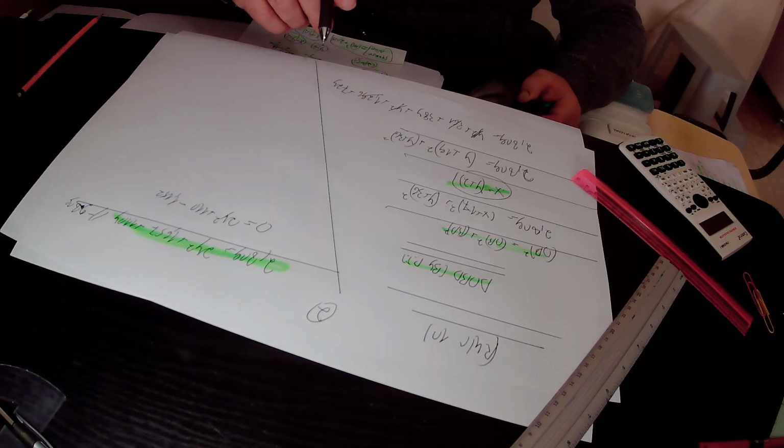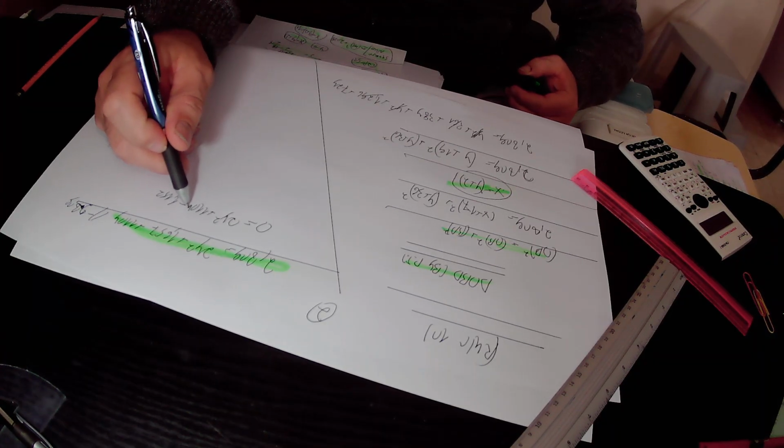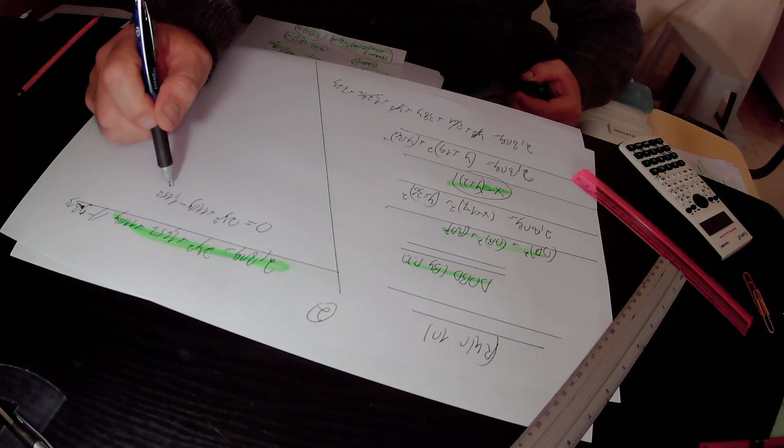So in total we found out that 2y squared plus 110y minus 1152 equals 0.